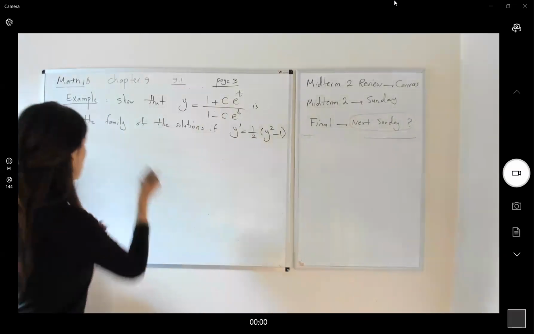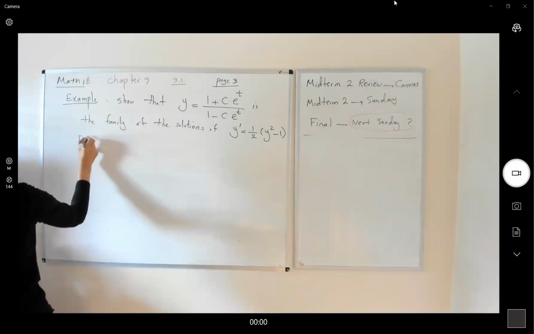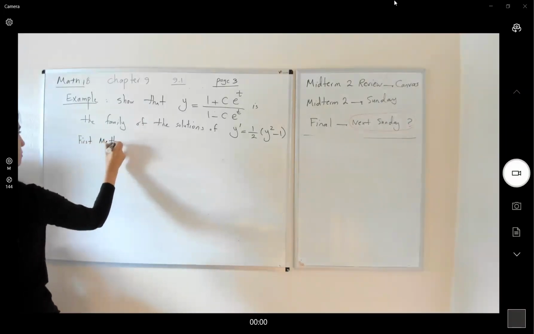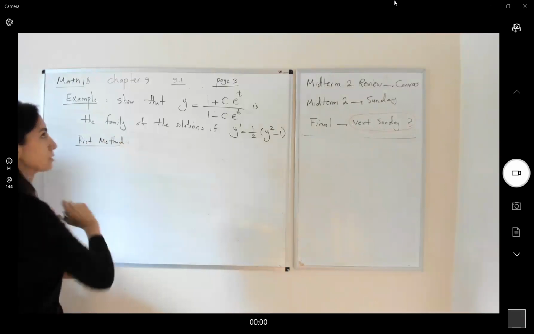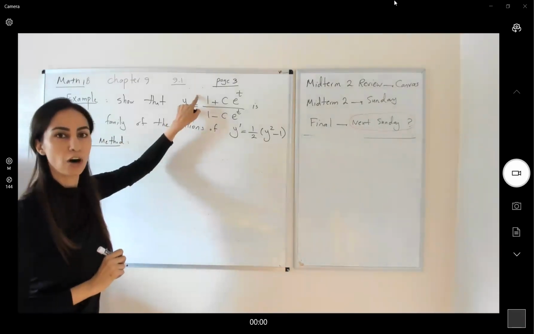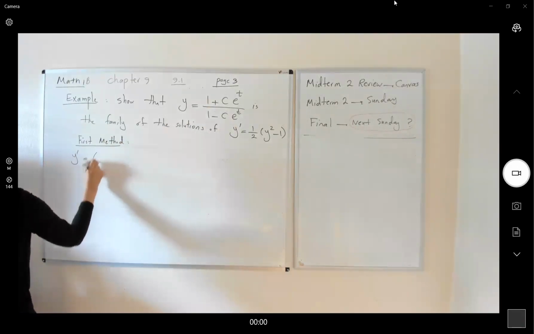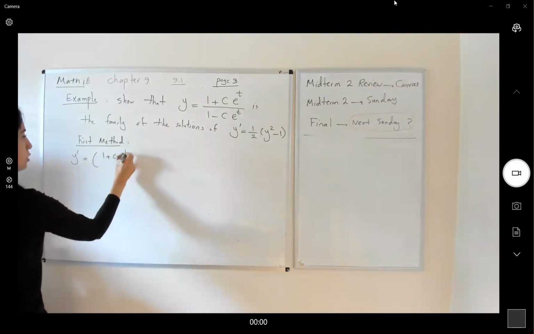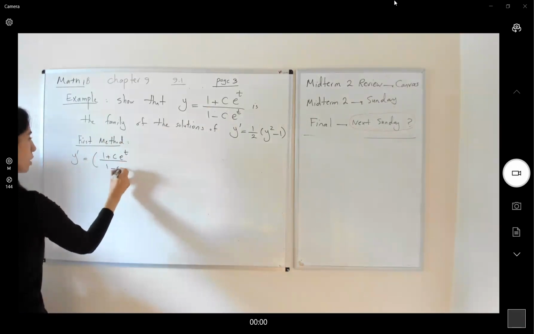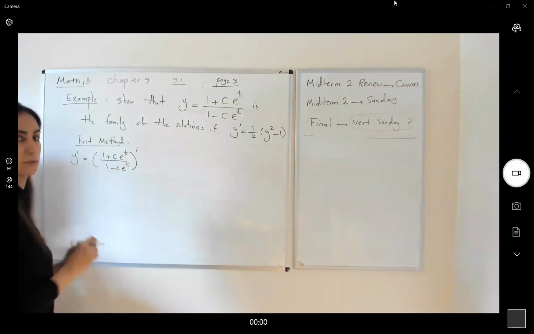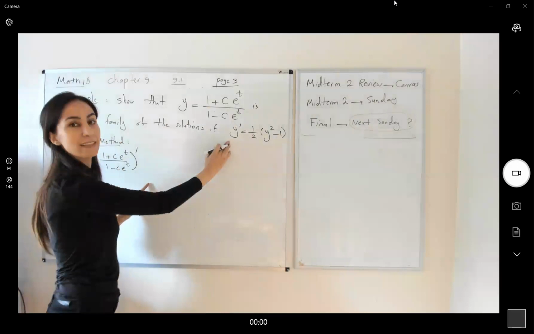What you can do, first method, is to take the derivative of this equation, find y prime, 1 plus c e to t divided by 1 minus c e to t, and plug that in here.